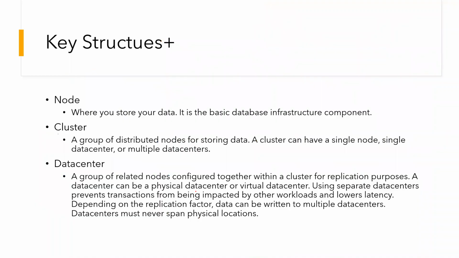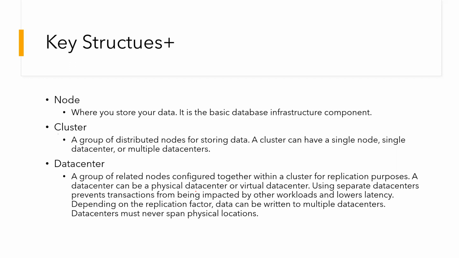Let's talk about the core structure, the core components of Cassandra. We are talking about the node. A node is where you have your basic data stored, the basic database component in which your data resides. That is a basic node in a hash ring.